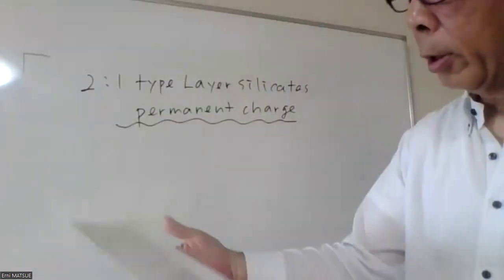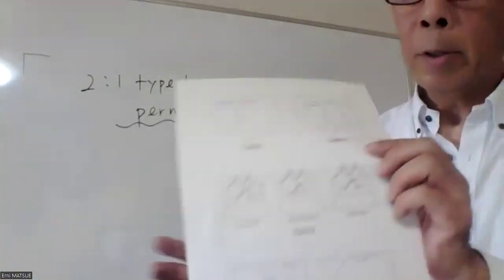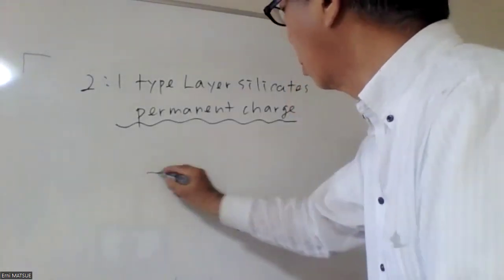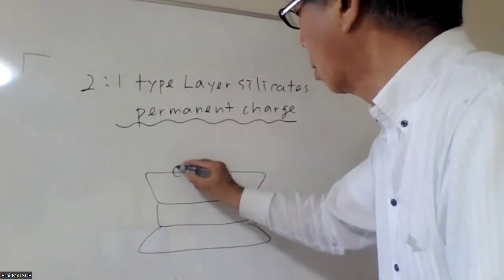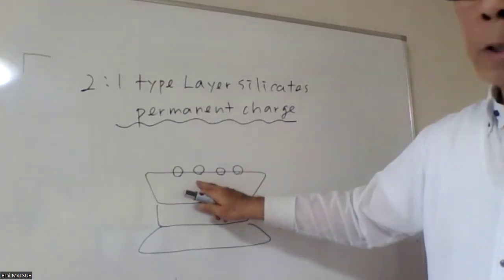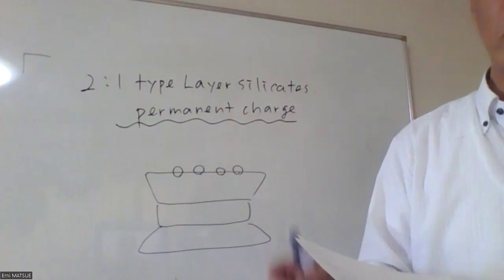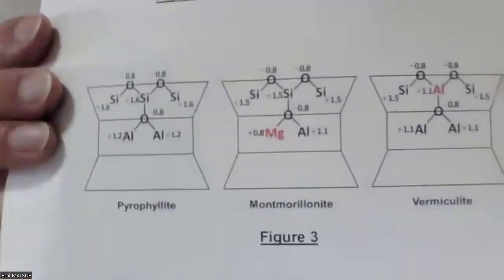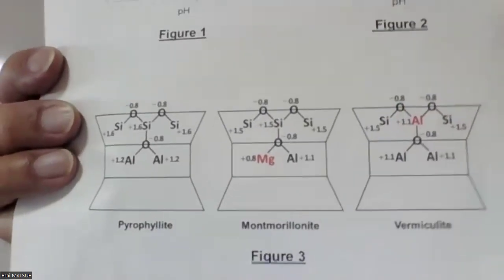Okay, could you look at figure 3? Surprisingly, the negative charge on the surface oxygen is not affected by the isomorphous substitution: 0.8, 0.8, 0.8, no change.